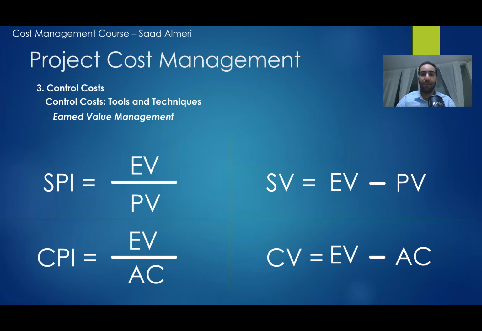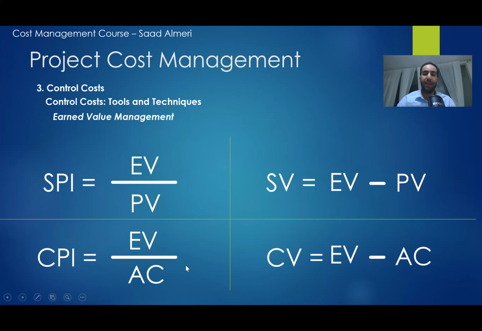Under budget is good. What does that mean? That means I am progressing more, or I got more value. If the earned value is more than the actual cost, that means the CPI is greater than 1. That means I am getting more value for the things I did, and I spent less money than I should spend for this progress.